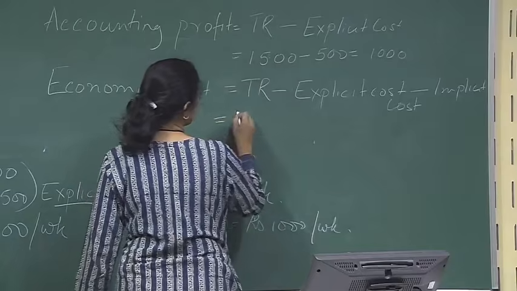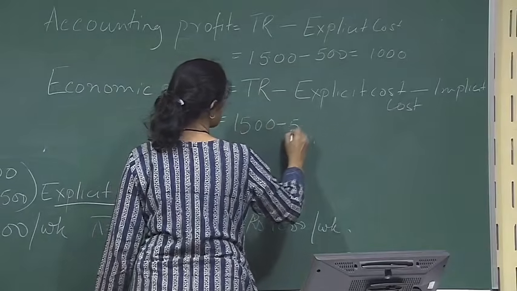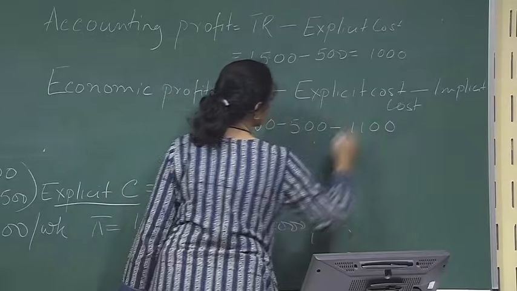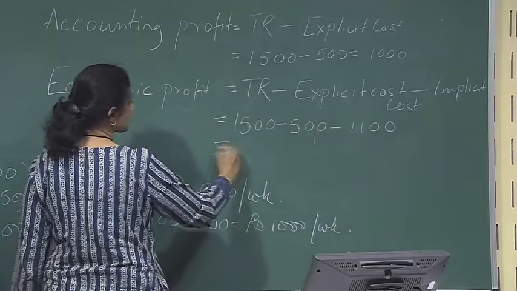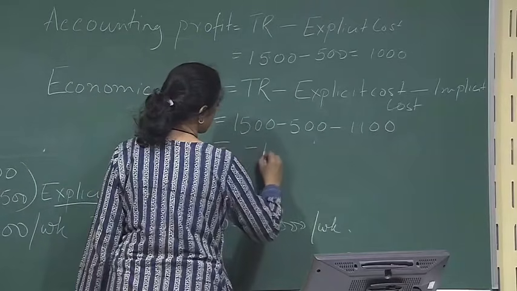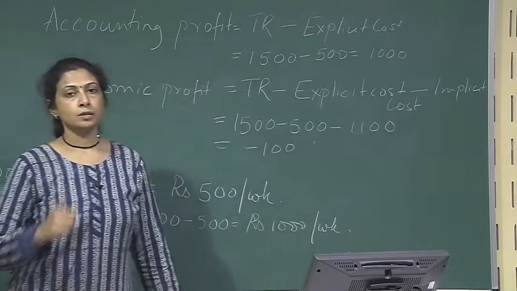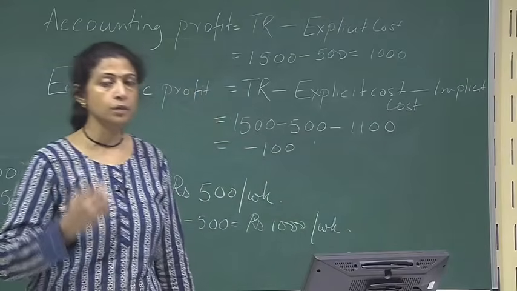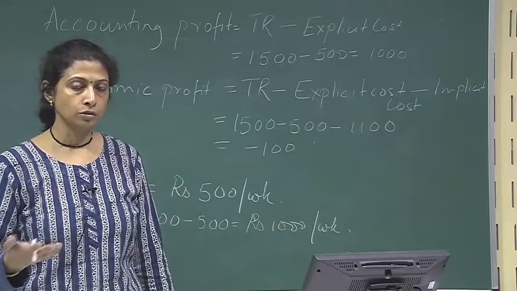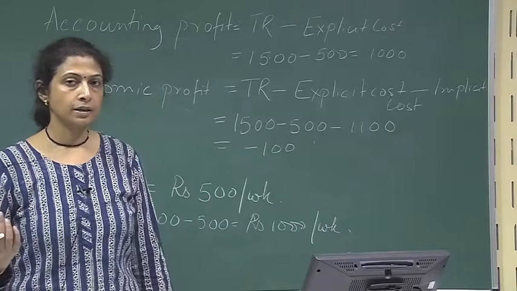So this is equal to now 1500 minus 500 minus 1100, which makes my profit actually negative. So this is minus 100. So basically this person is losing 100 rupees by choosing to grow mangoes instead of renting out his land and working in the nearby shop.